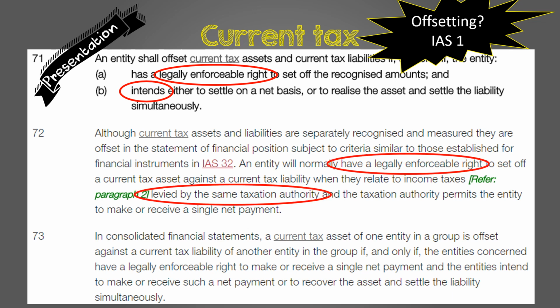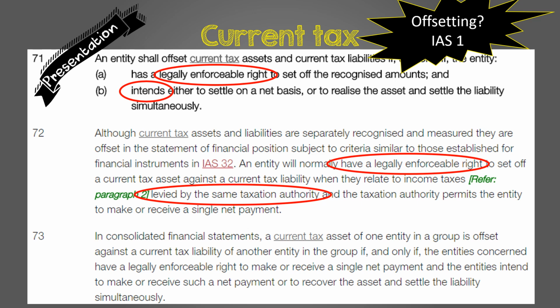So we will only have this legally enforceable right if these taxes are levied by the same taxation authority. So if they are levied by different taxation authorities, we will not have the right to offset this debit and credit.